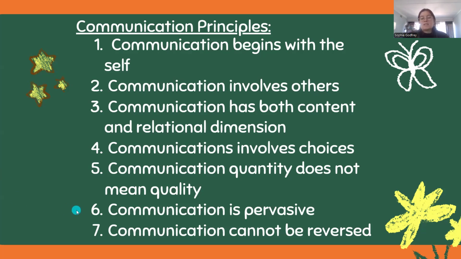Number six is that communication is pervasive. So basically what this means is that it's just constant. It's always happening. You can't help it. You're either talking, thinking to yourself, observing other nonverbals. Even if you're like, oh, if I'm just sitting here not talking, I'm not communicating anything. Lie. That is not true. Even just sitting there doing nothing, you are communicating something. Your nonverbals tell something. Your body movements, your tone, your eye contact, that says everything.